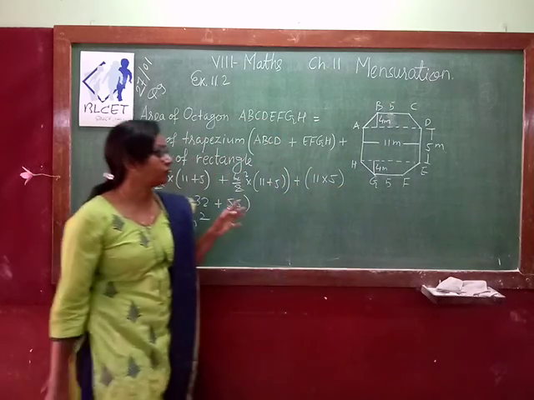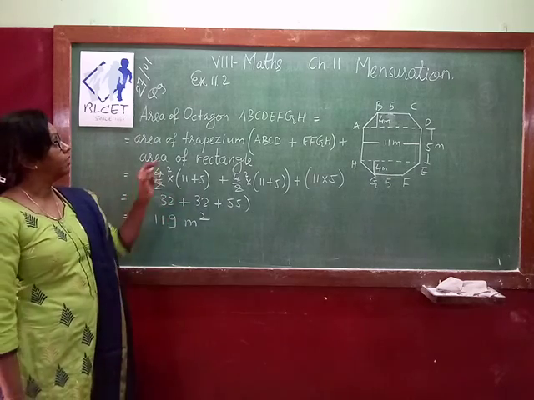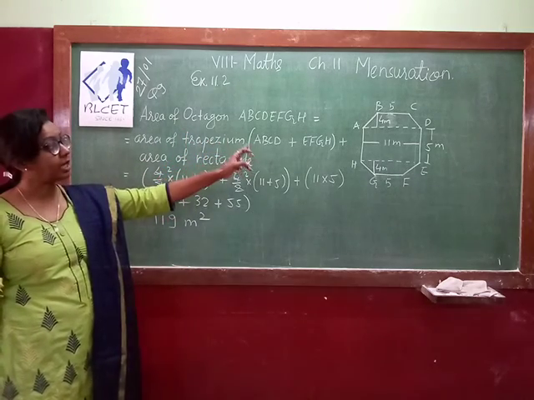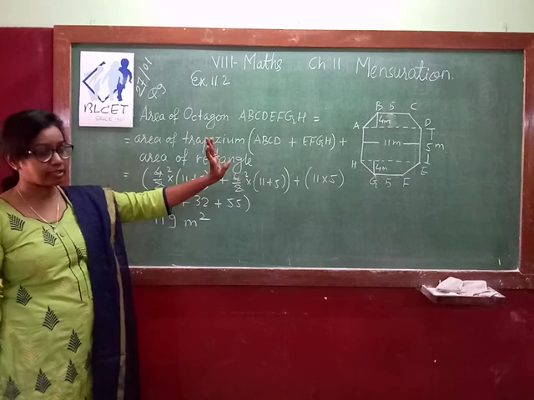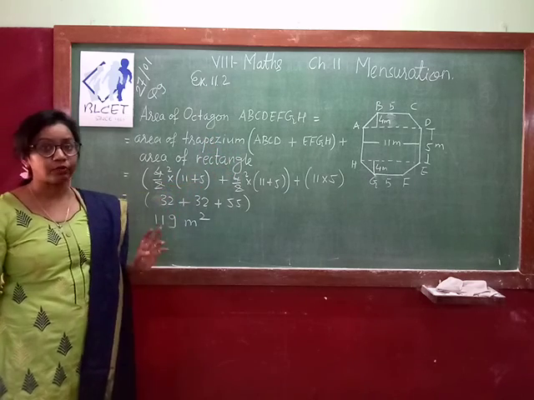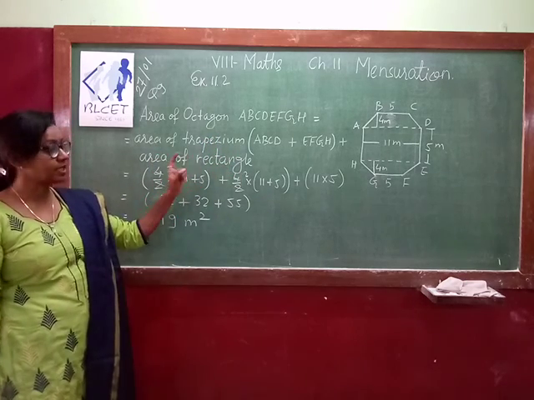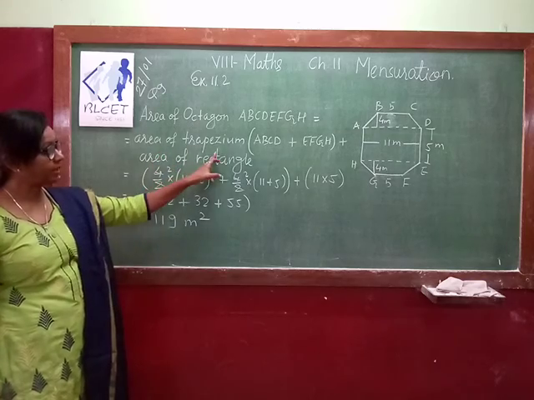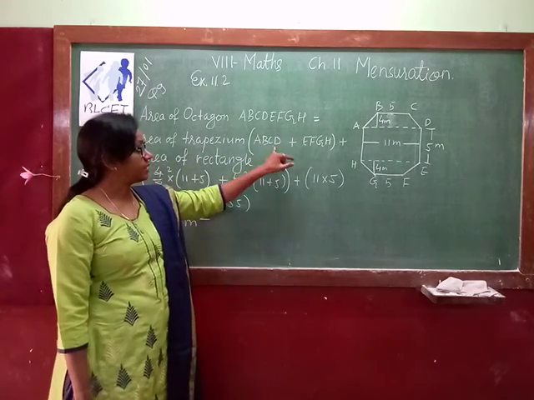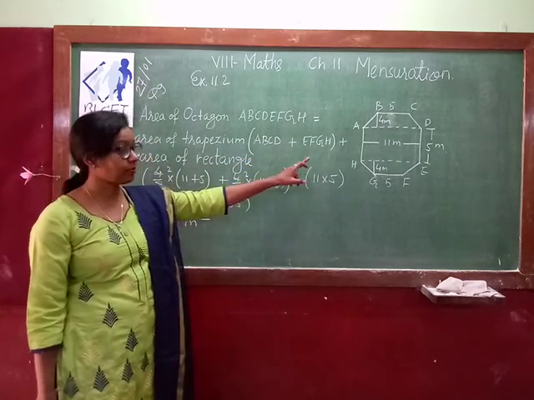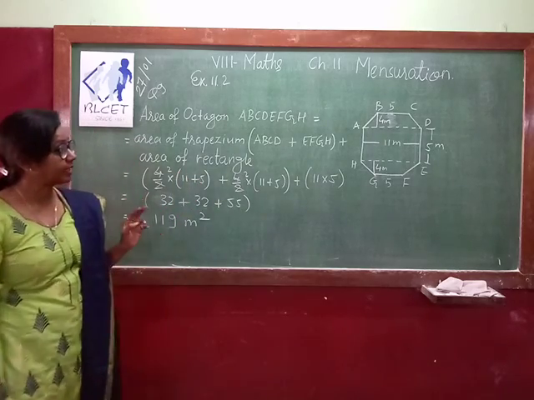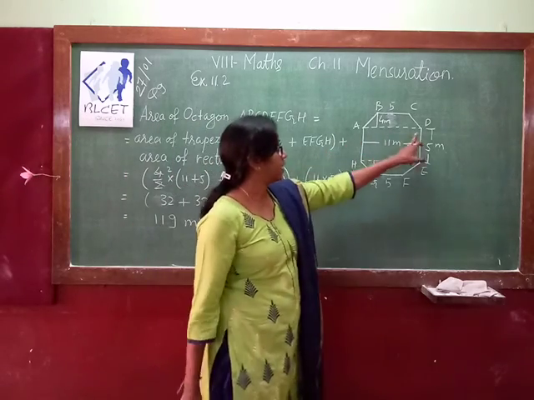Now see how to find this area. Let us name the octagon A, B, C, D, E, F, G, H. Now we divide this into three parts, two trapeziums and one rectangle. So the area is the area of trapezium ABCD on top and EFGH at the bottom, plus the area of rectangle ADEH.